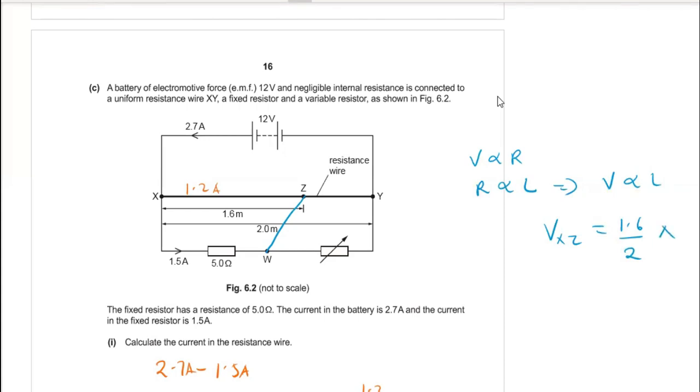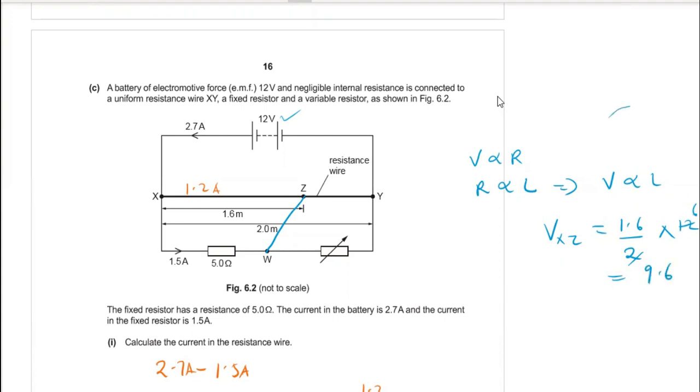Remember, from X to Y, the potential difference is 12 volts. It's parallel to the battery. We multiply by 12, and this gives us a potential difference of 9.6.